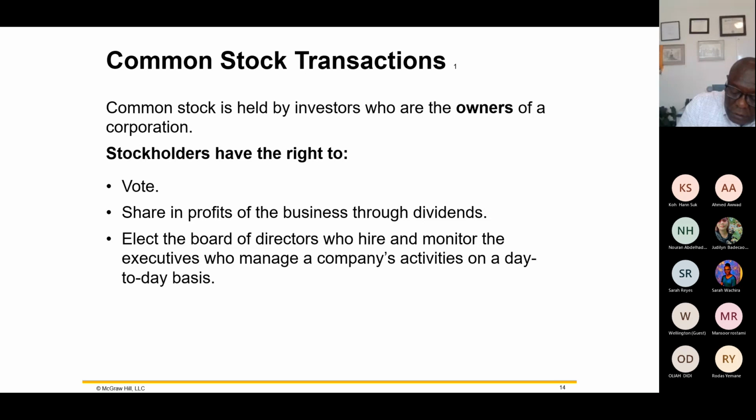Then the question is, what is the increase in stock account? I want everybody to look at likely questions that will come in your exam.